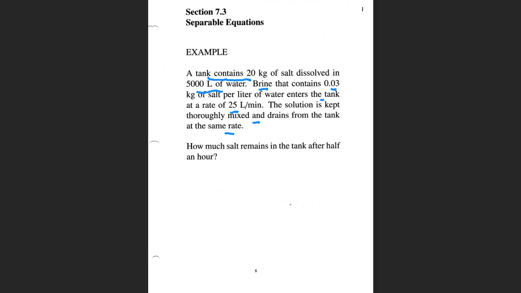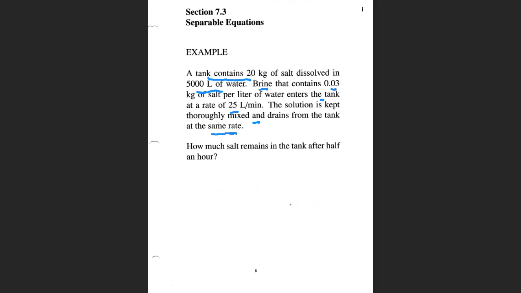So let me ask you this. First of all, why do we need to drain the tank at a rate of 25 liters per minute? We have a briny solution entering the tank at 25 liters per minute, but then we are going to drain the tank at the same rate. Why do we do that?